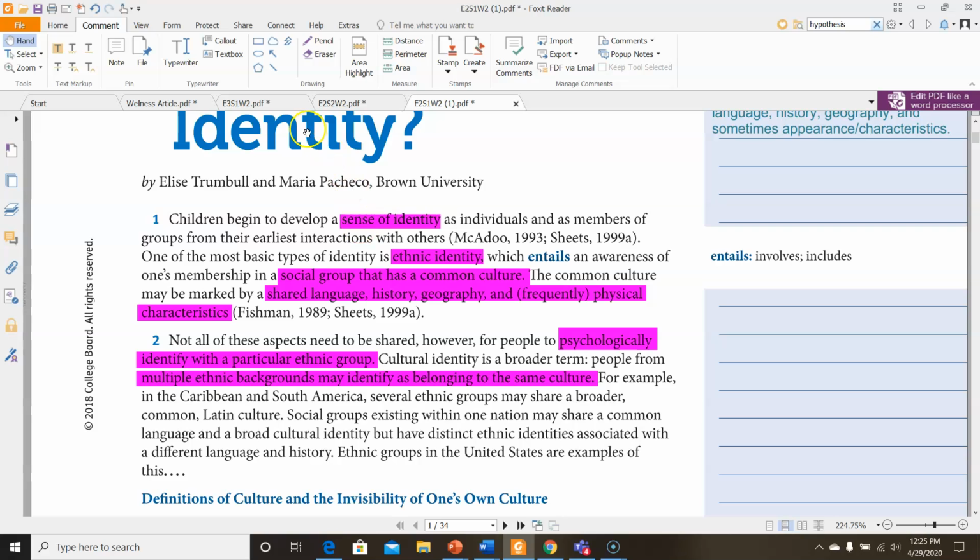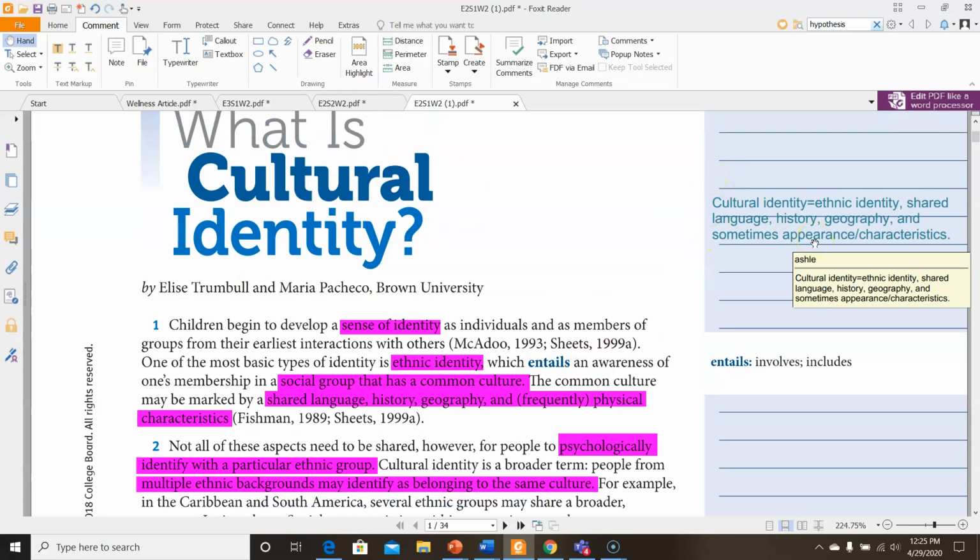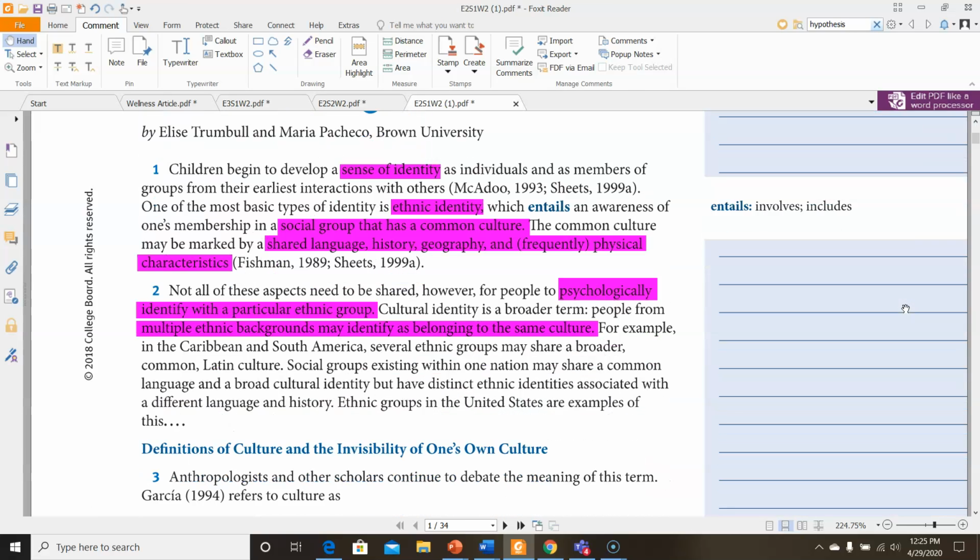So basically, cultural identity is like a broad term that's used to apply to a broader group, whereas ethnic identity has to do with more of these things that we listed up here. So cultural identity can include ethnic identity, so this isn't entirely wrong, but it also encompasses more than just that.